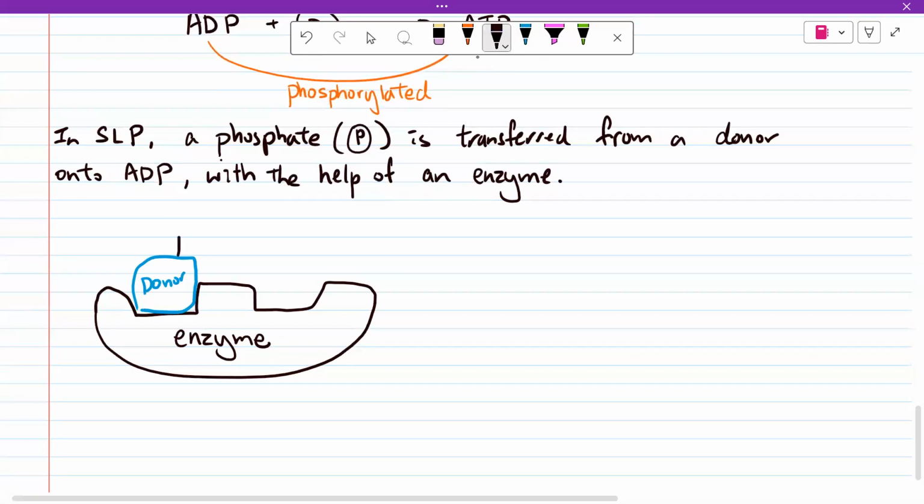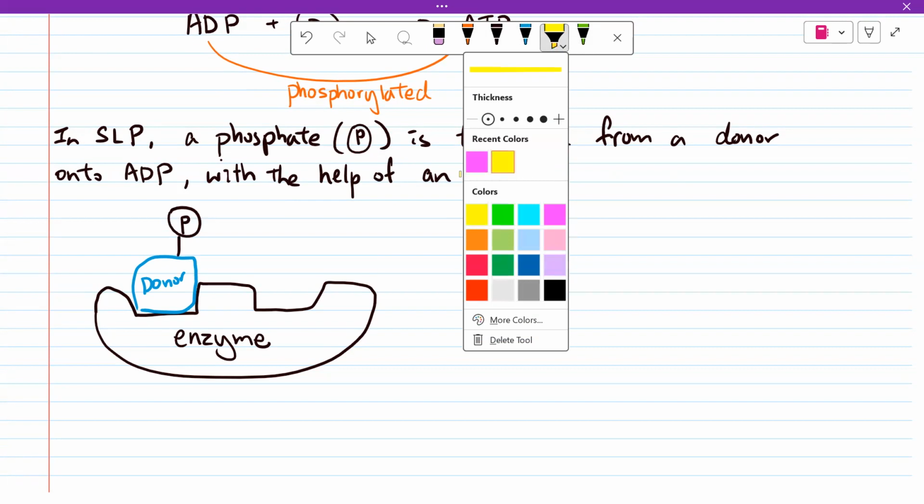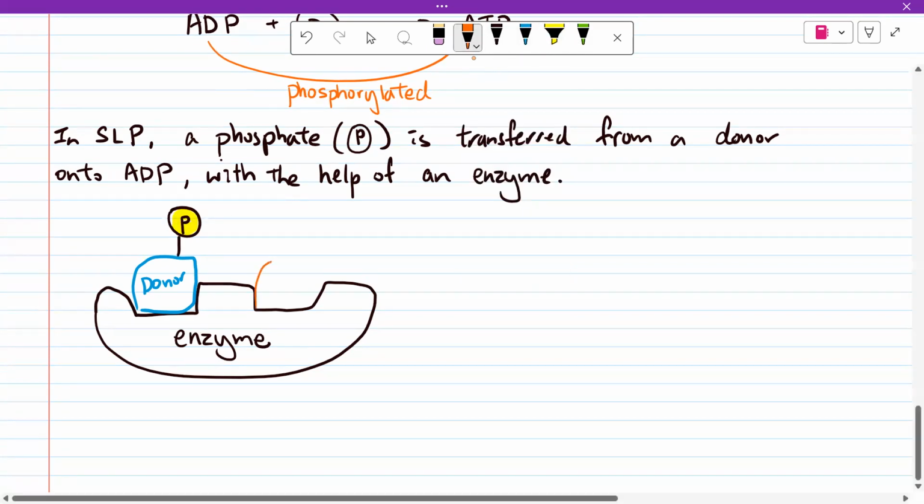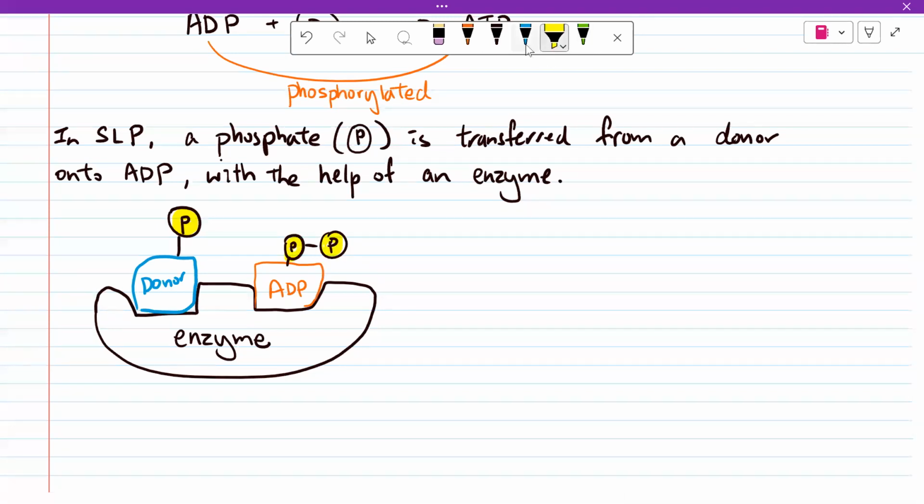And this donor is like, hey, I got a phosphate. I don't mind giving it away. If you want to take it, take it. And then on the other hand here, we have ADP. And ADP, don't forget, already has 2 phosphates, but we need a third one to make it fully charged, right?